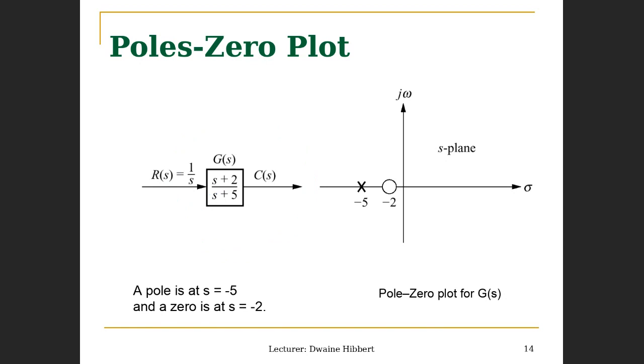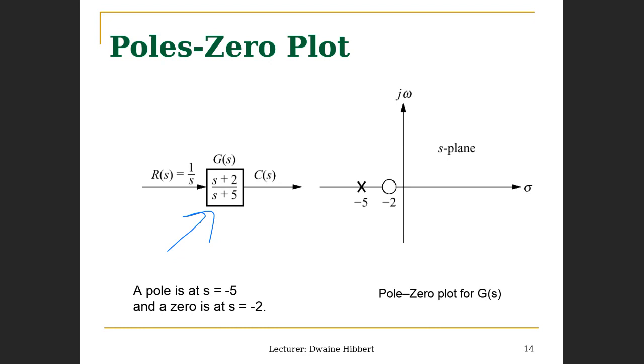Let me clear this a little bit. Focus our attention on the denominator. We would quickly recognize that if we wanted to make the denominator tend to 0, we could make s equal minus 5. If s is substituted in the polynomial, we would see that the denominator becomes 0.